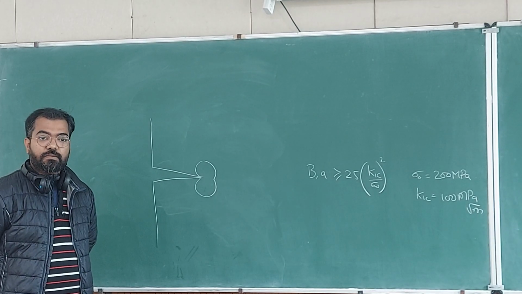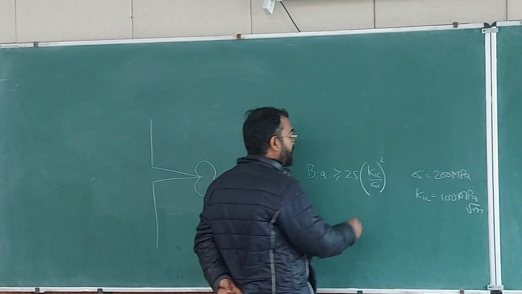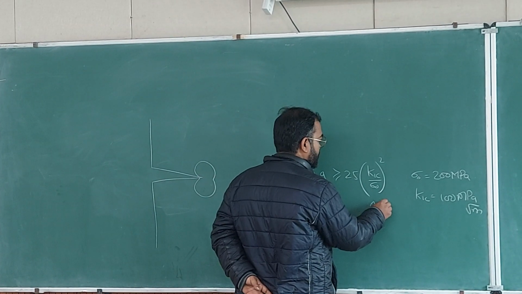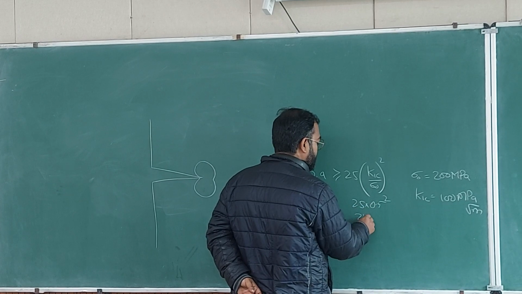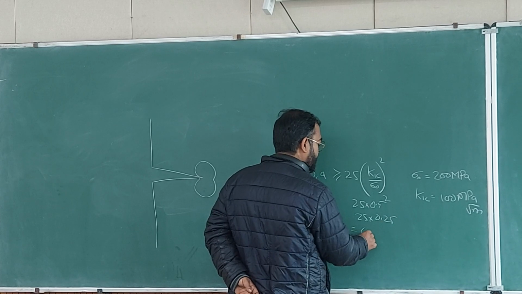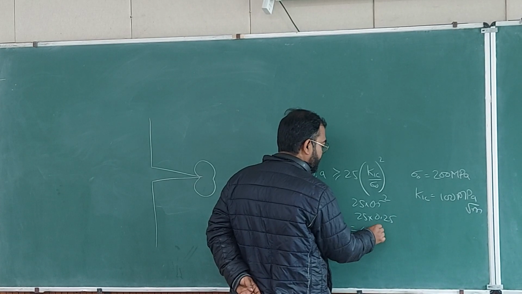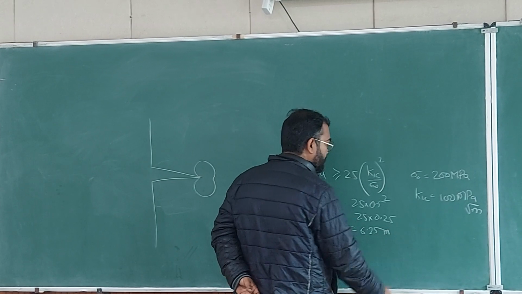How much? 6.25. Approximately 6. So this is 0.5, right? So this is 25 into 0.25, which is 6.25, and 6.25 meter.